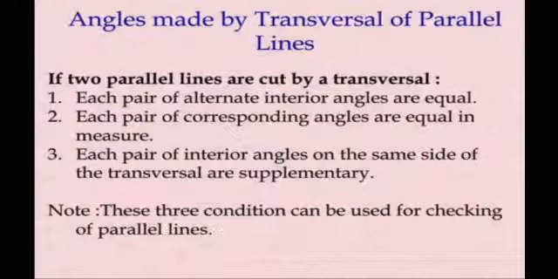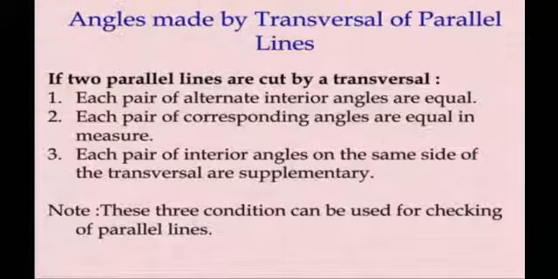Now next is angles made by a transversal of parallel lines. If two parallel lines are cut by a transversal, then 1. Each pair of alternate interior angles are equal. 2.